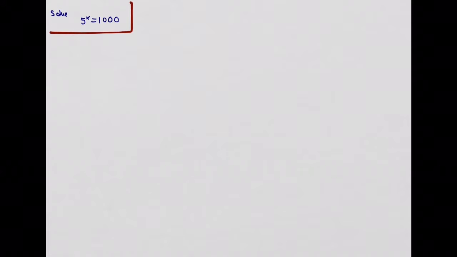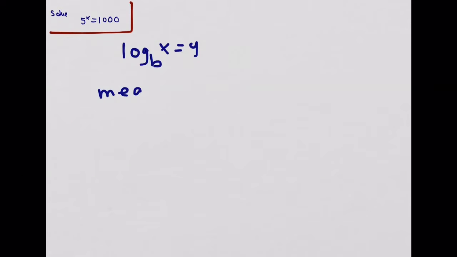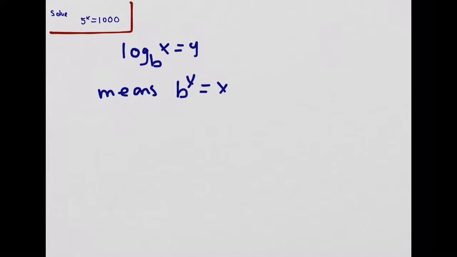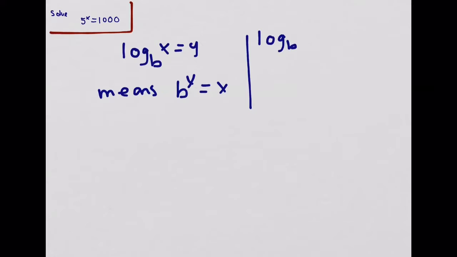So now let's remember what we know so far. The thing about logs is that log base b of x equals y really means that b to the power of y equals x, correct? So let's think a minute: how would I know what is the log base b of x to the m?